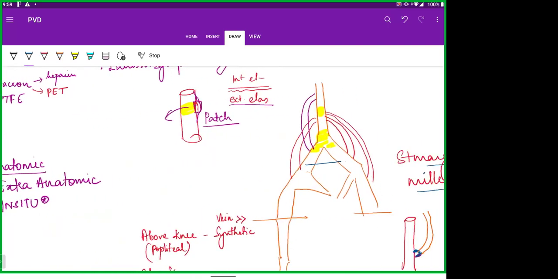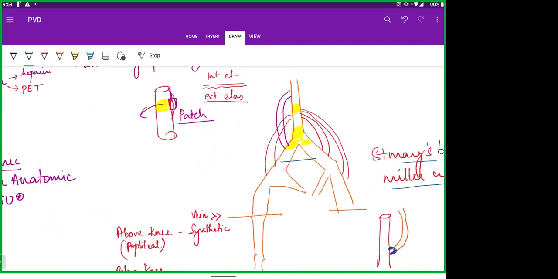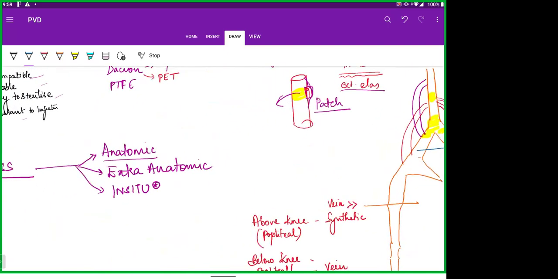Now, I think it's mainly for infections. For example, patients have previously had a graft put in, and when there is graft infection, you can't do anything. You have to take out the graft and proximally ligate the vessel. Because it is already infected, you can't use the same site, as it will get infected again. So you do an axillofemoral or axillobifemoral graft, and usually if it is aortic, you will have to do an axillobifemoral graft.